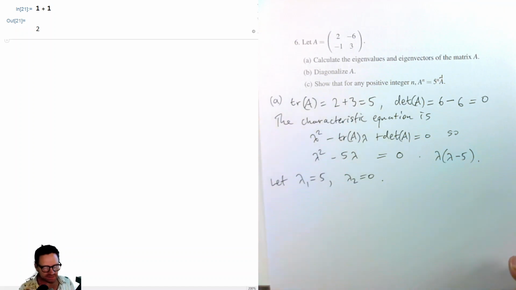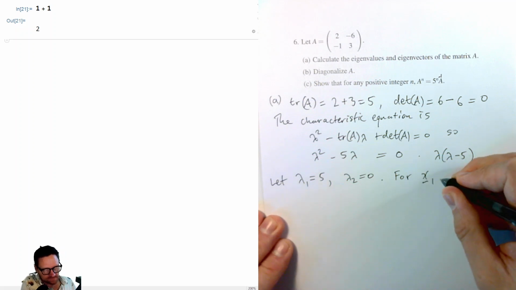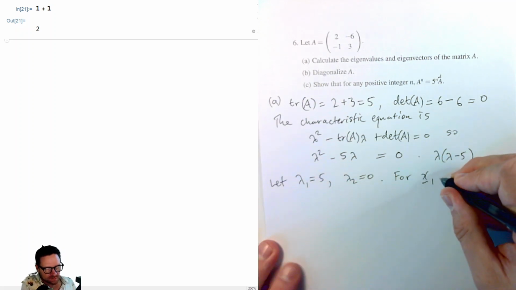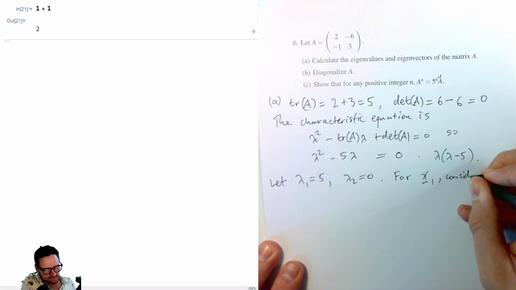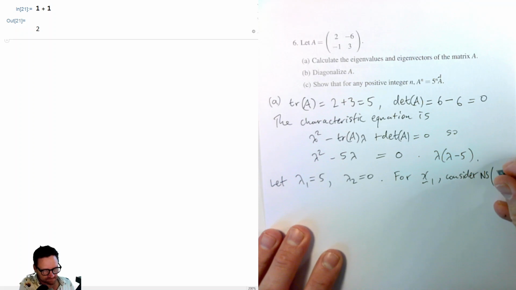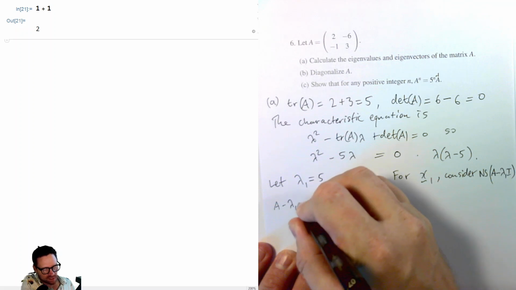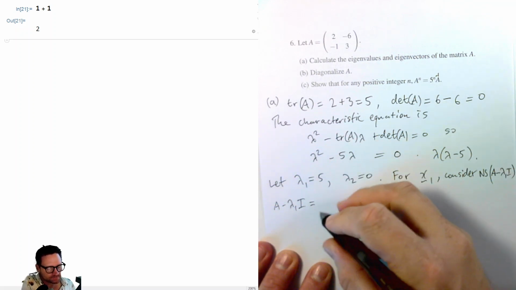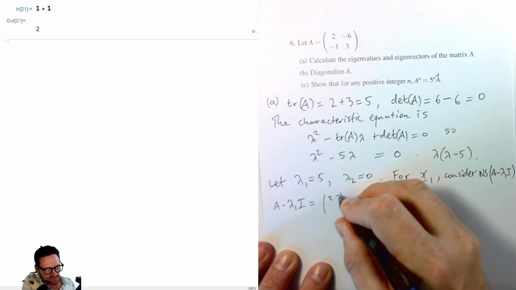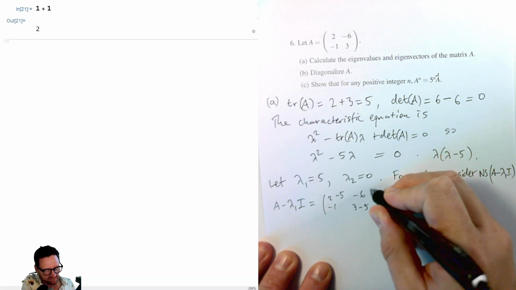So now for the eigenvectors. So for x1, we consider the null space of the matrix A minus lambda 1 I. And so A minus lambda 1 I equals 2 minus 5, minus 6, minus 1, 3 minus 5.